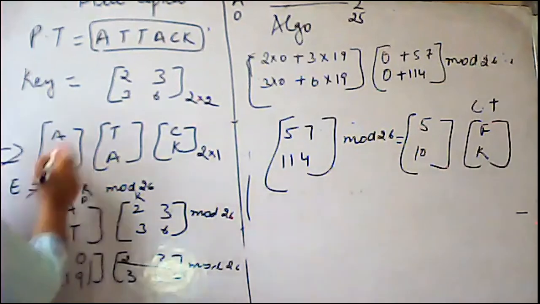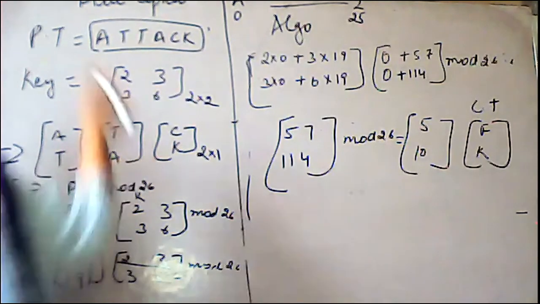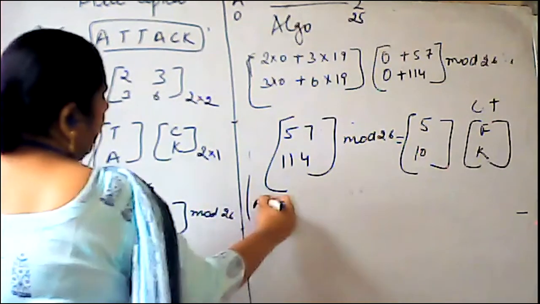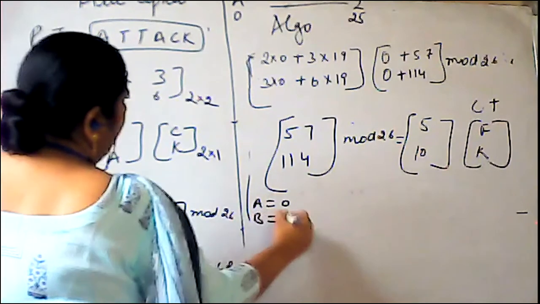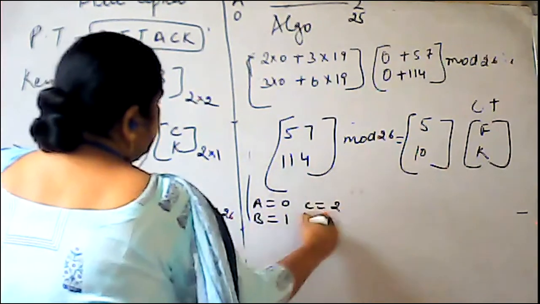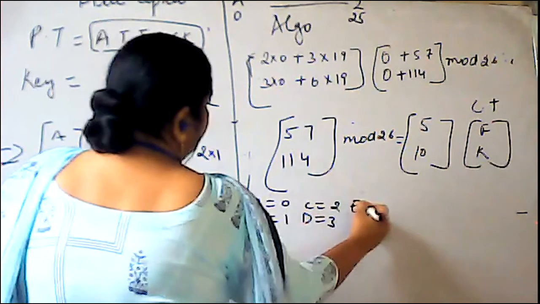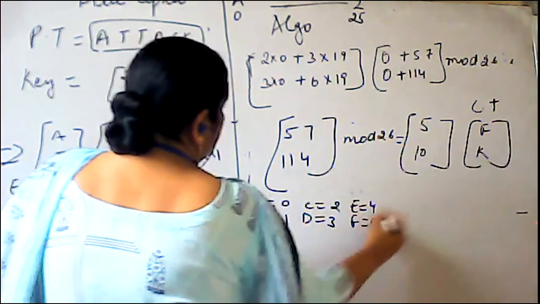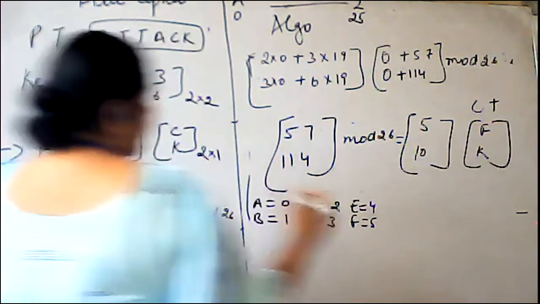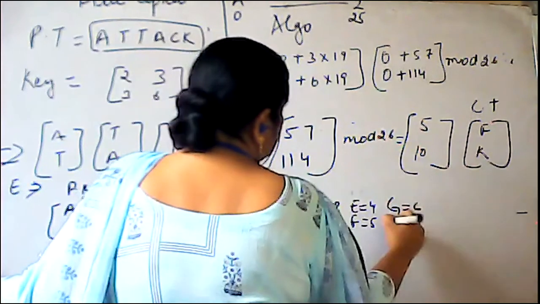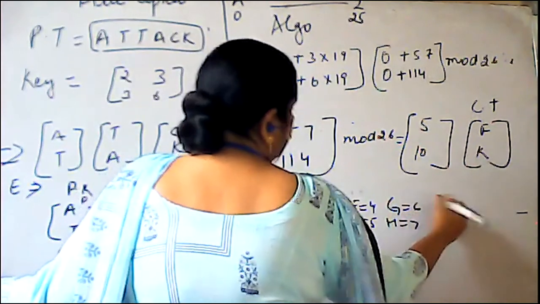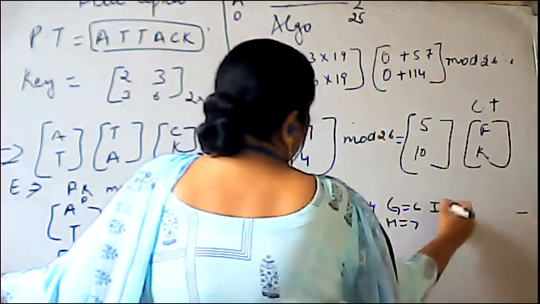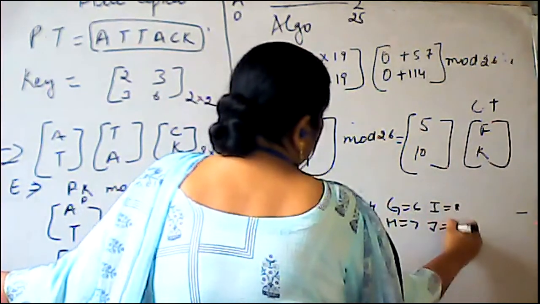I repeat, when you write, I write here, A equal to 0, B is equal to 1, C is equal to 2, D is equal to 3, E is equal to 4, F is equal to 5, then G is equal to 6, H is equal to 7, and I is equal to 8, J is equal to 9, and so on.